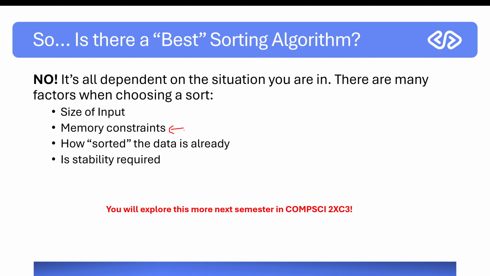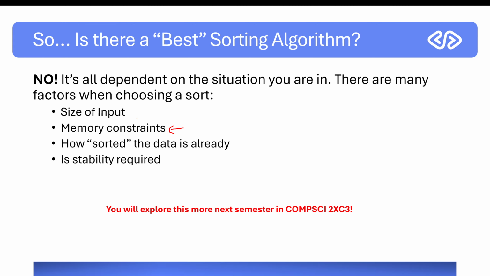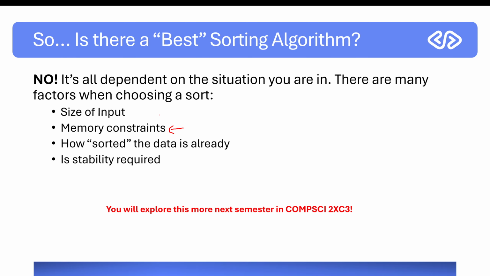But say it's just sorting something and it doesn't have memory, then you wouldn't use merge sort. Merge sort isn't always the best, because if we don't have memory, then we can't even use it in the first place, especially with a very large input. If you're sorting 20 million things, how much memory does that take? It takes a lot of memory.